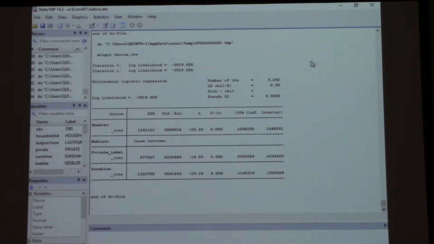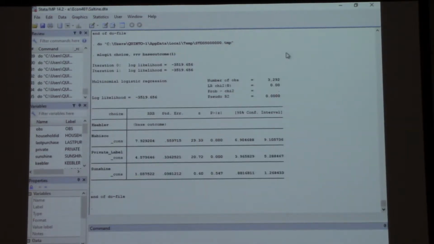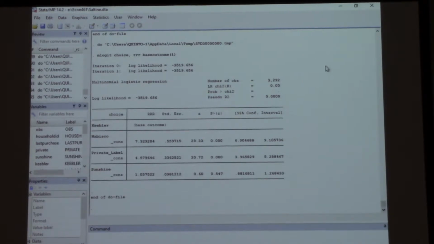If we change the base, we can see that. Let's change the base to, looks like 1. One is Keebler. You're almost 8 times more likely to pick Nabisco relative to Keebler.